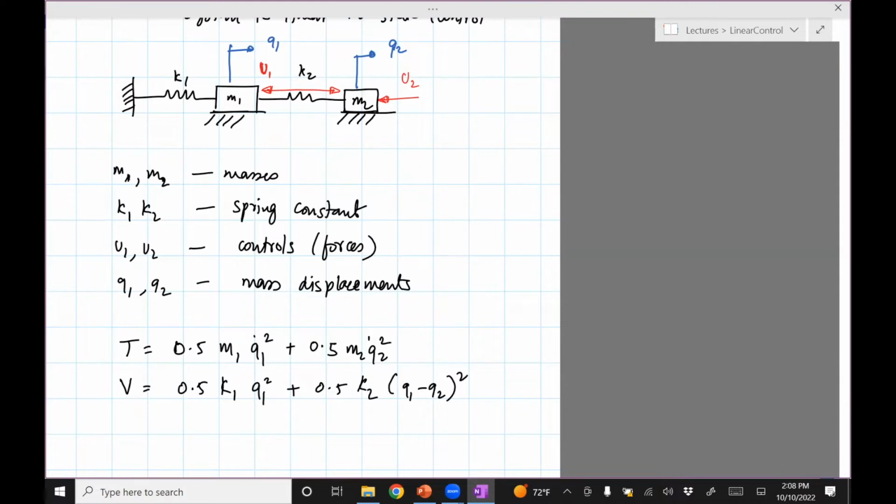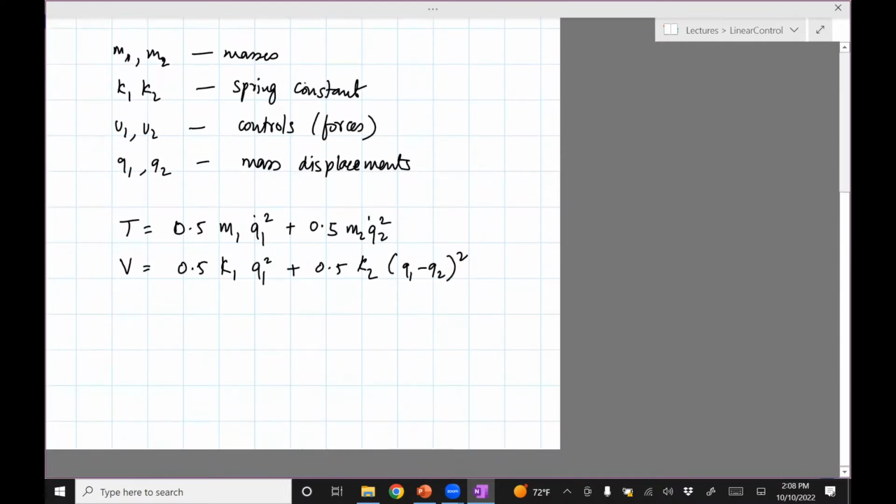Okay, so this is assuming that the spring deflection is 0 when it is free. The rest length is 0. If the rest length is not 0, you'll have to put that rest length in that equation. So if the rest length, for example, of spring 1 is not 0, then you put Q1 minus whatever the rest length is, Q0, and then you square the whole thing.